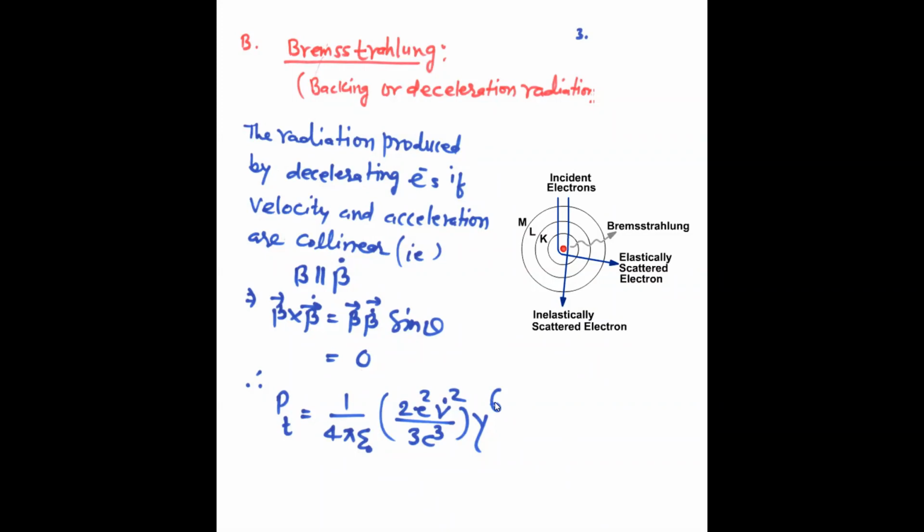So when X-rays are produced during the Bremsstrahlung phenomenon, the power radiated by a decelerating charged particle will be given by this formula. Here gamma is again the relativistic factor, because we are talking about a relativistic charged particle. So this is the amount of power radiated by a decelerating charged particle. So this is the second application.